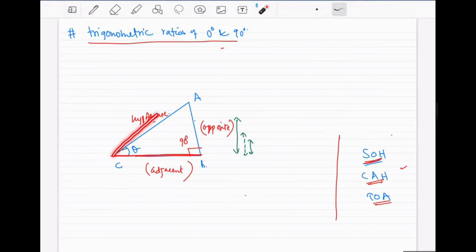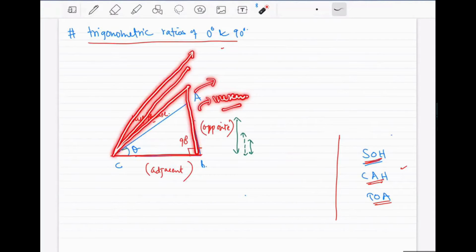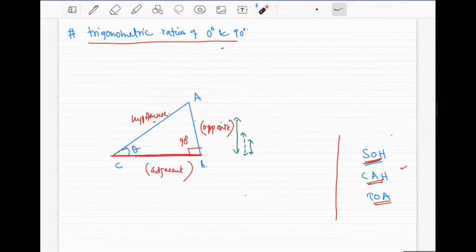If I increase the angle theta slightly, the opposite side increases. If I increase it further, the opposite side increases. Still, at the biggest one that I'm drawing here, the angle is still not 90 degree. So if I want 90 degree, I have to draw like this. These two will not meet.